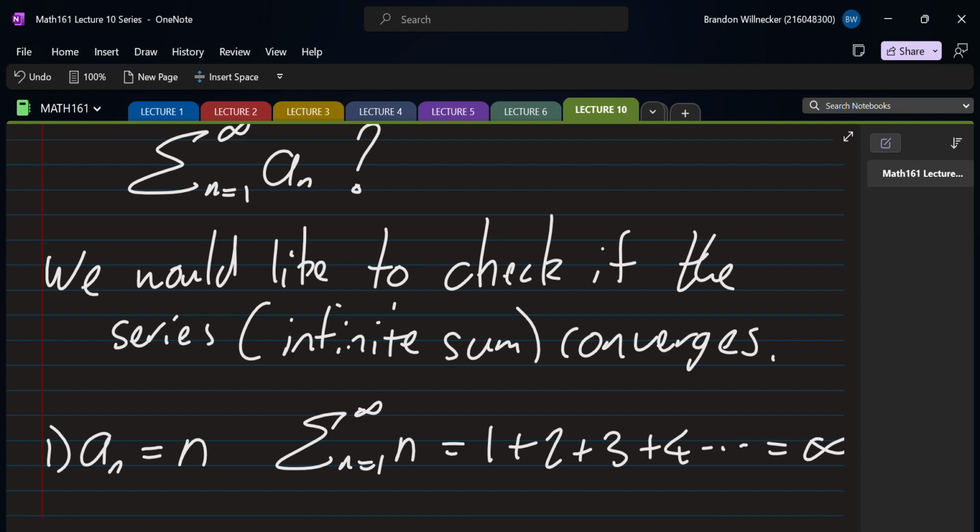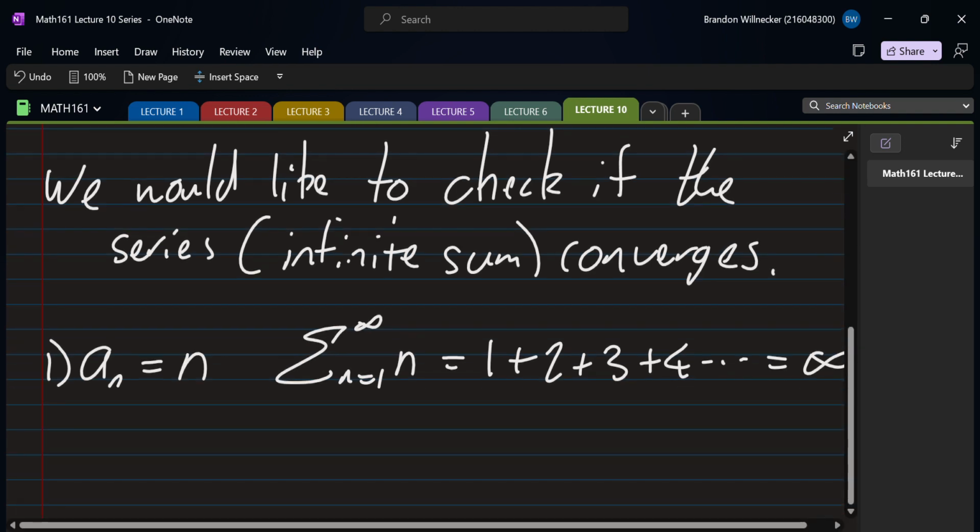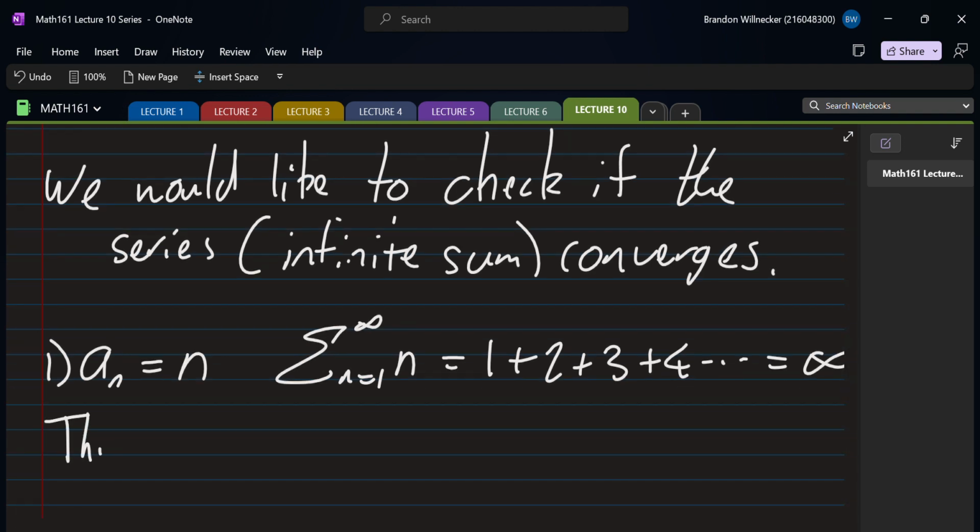Each next term is bigger than the previous one. If we have 1 plus 2, that will be 3. If we add 3, it will get bigger and bigger. If we add more and more terms, the sum just goes off to infinity. So this series diverges. It's very clear to see that this one diverges.